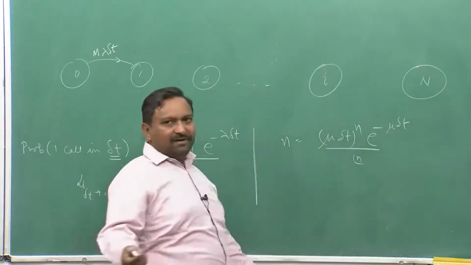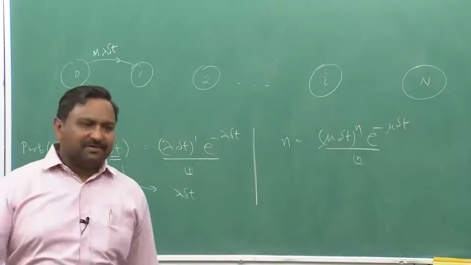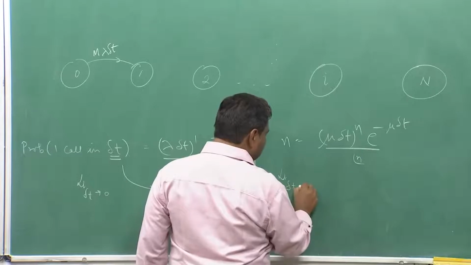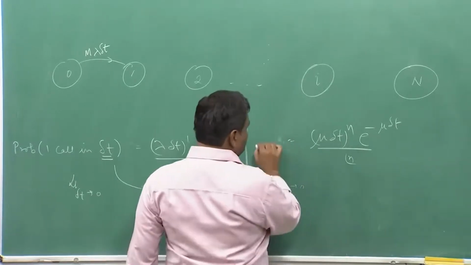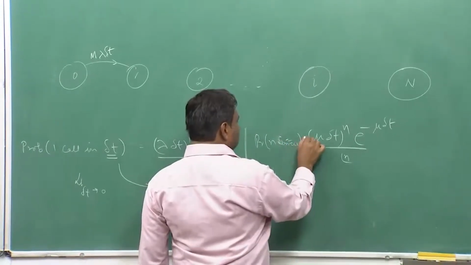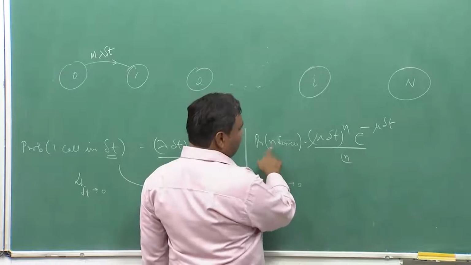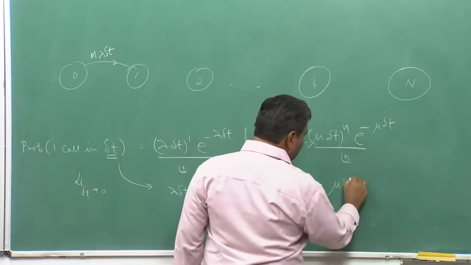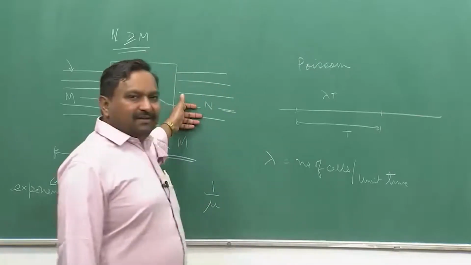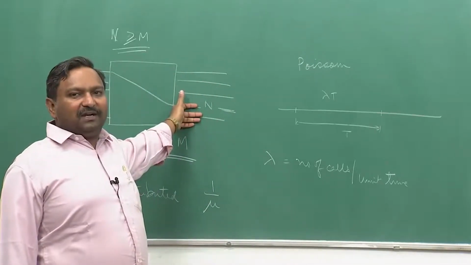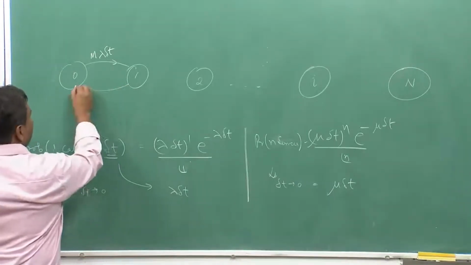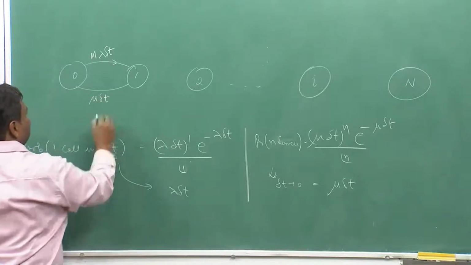Since there is only one server, only one call can be served. So when delta t goes to 0, and I look at n equal to 1, this becomes mu into delta t, that is the service rate. If two lines are occupied, in time delta t it will be 2 mu delta t, that will be the service rate. So I can come back from state 1 using mu into delta t.